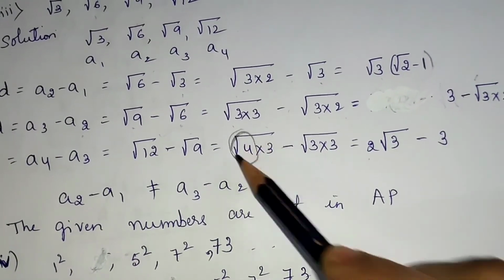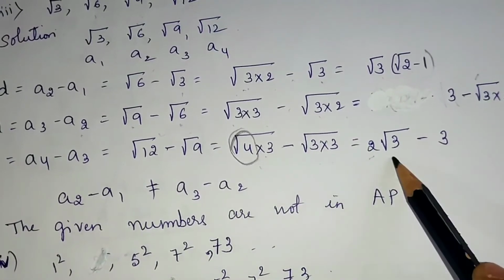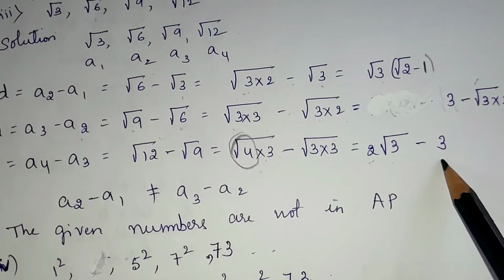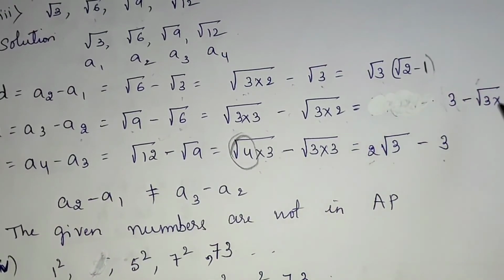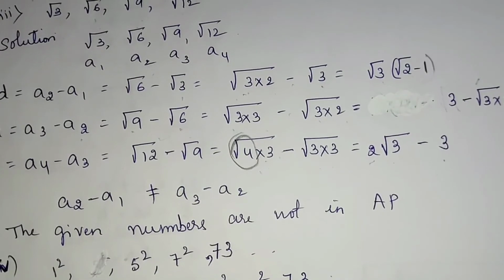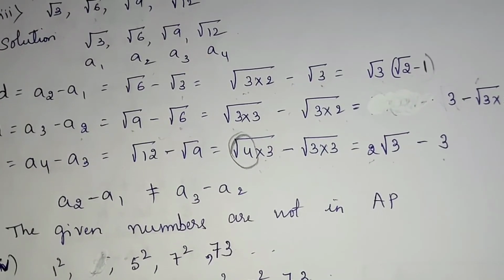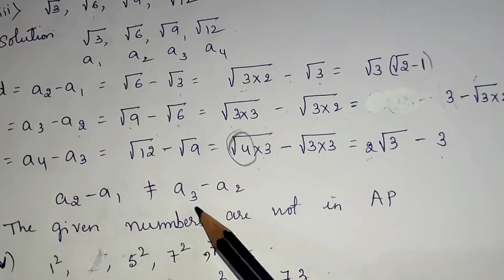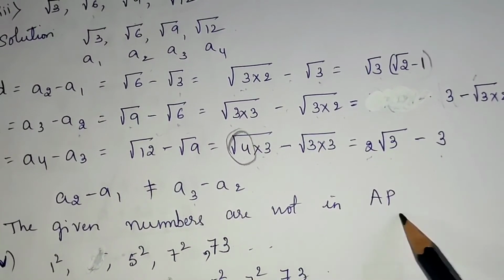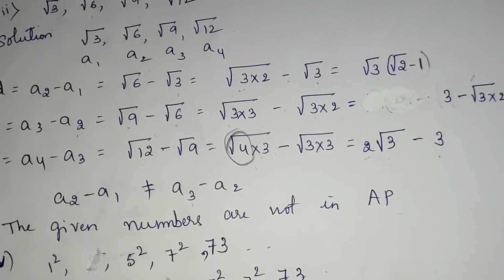Root 4 is 2 and you are left with 2 root 3 minus 3. If you observe, all the common differences are not similar, hence you can write A2 minus A1 is not same as A3 minus A2. Therefore, the given numbers are not in AP.